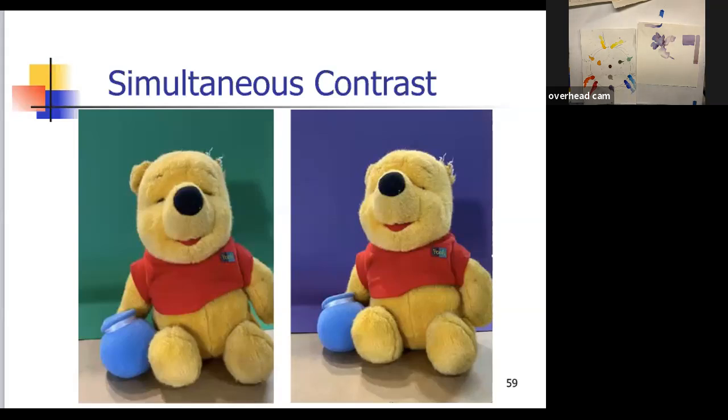But in this case, I want you to look at these two ideas. In the example on the left, I've surrounded Winnie the Pooh with a green background, bringing up the contrast between red and green. I think the lighting is slightly different, but the theory in this case is that his red sweater would stand out and his lips jump off the page more than in the example on the right, where we're emphasizing the color yellow.